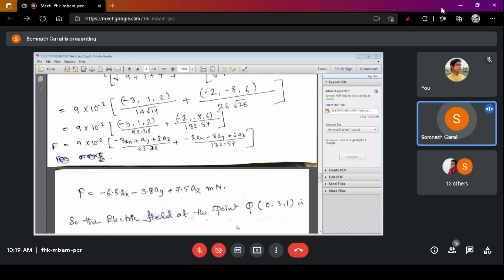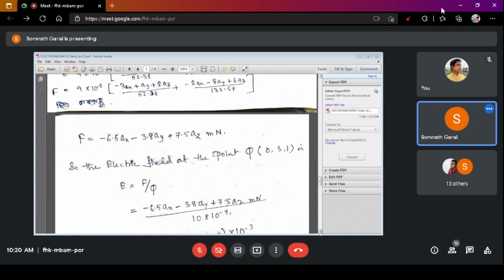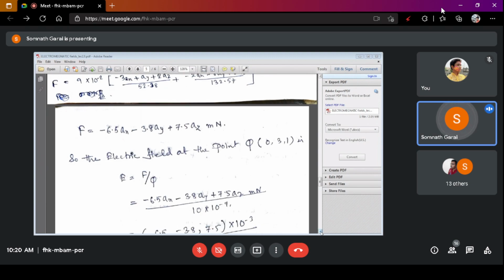Right? Now we calculate the electric field intensity E. The electric field intensity at the point Q, whose vector location is (0, 3, 1), is E equals F by Q, the standard equation.